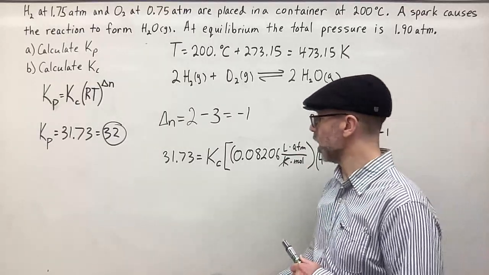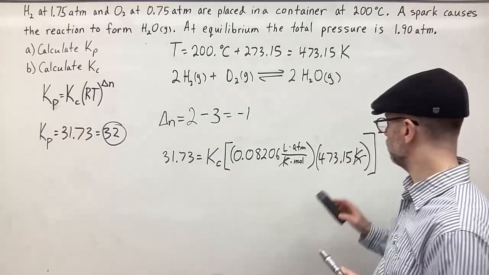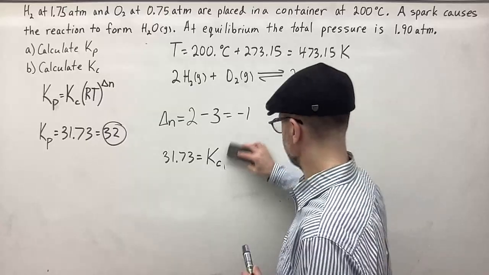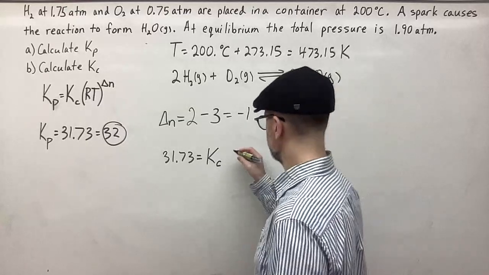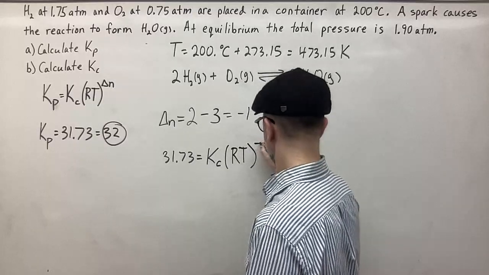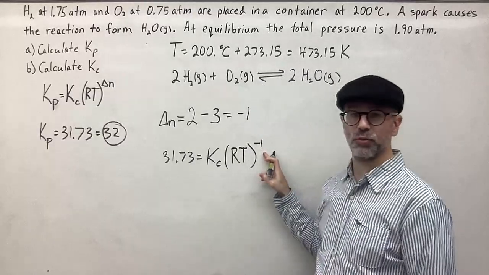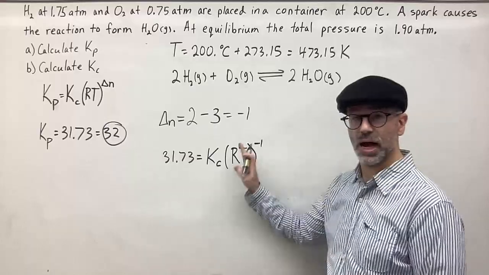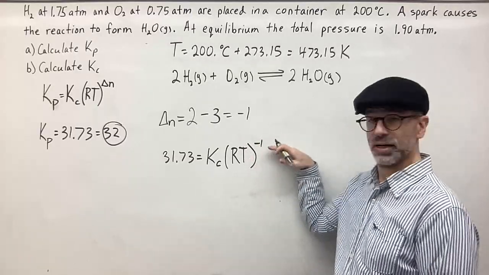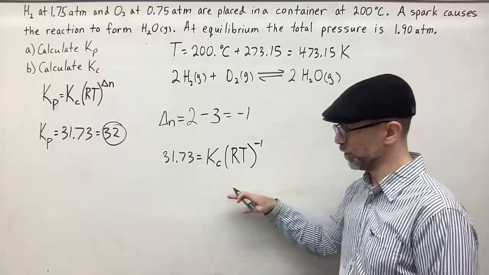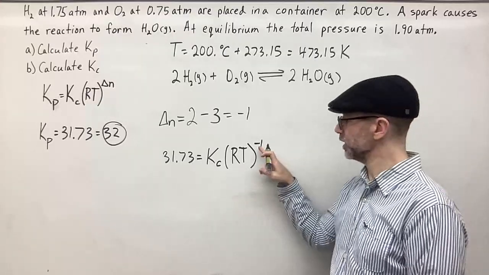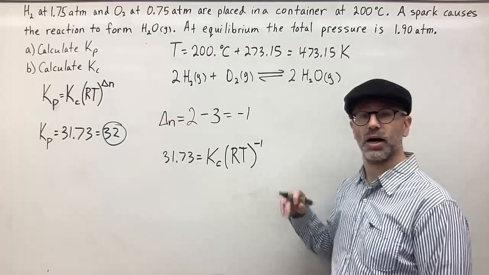But let me go back to RT so I can show you some algebra that might make it easier, right? So this is RT to the -1. Well, that -1 means that this is in the denominator, right? So anything that we have a power to, we could always bring from the numerator to the denominator, and we just change the sign of our power.